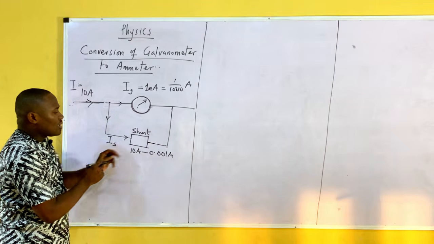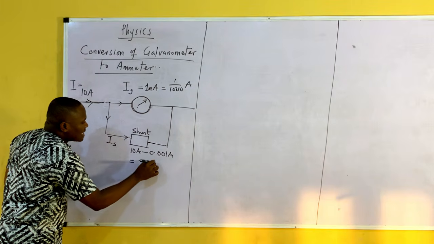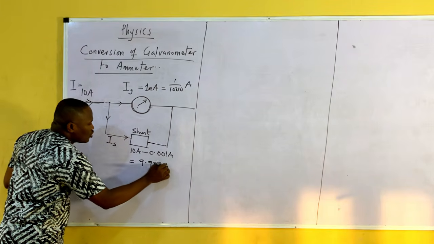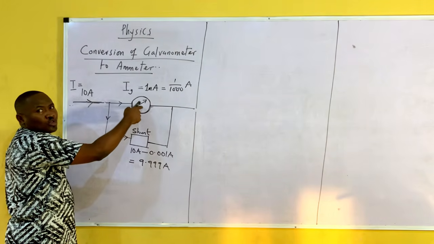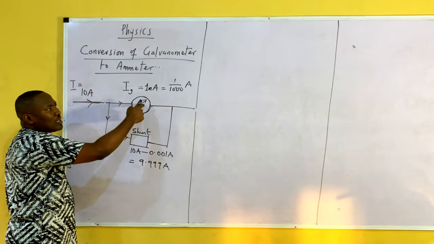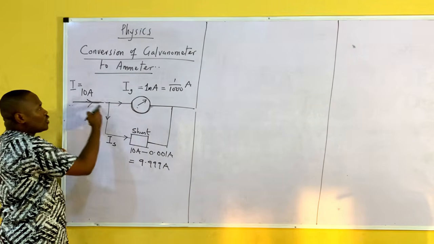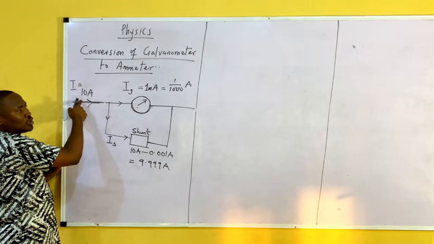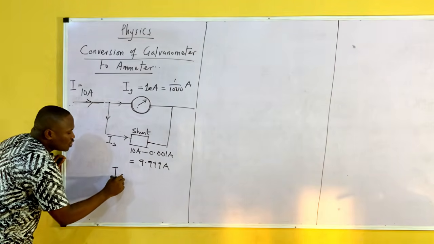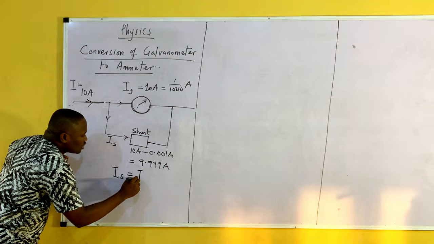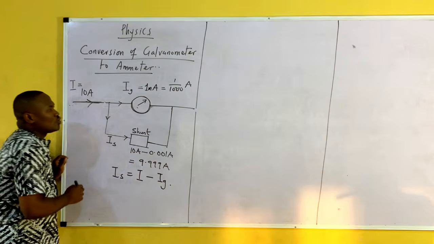The remainder is 9.99 ampere. So 9.99 ampere is here, while 0.001 ampere is here. If you add both of them together, it will equal 10 ampere, which is the total. So the current of the shunt is equal to the total current minus the current of the galvanometer.